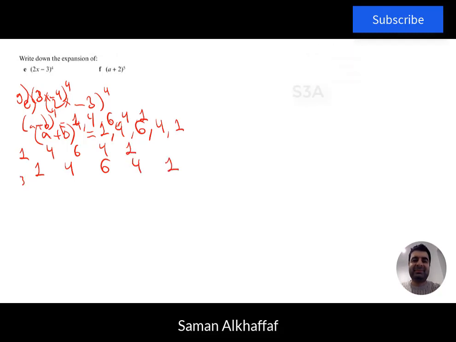So for us to do that, the first term will be (2x) to the power 4. And we also have (2x) cubed multiplied by minus 3.